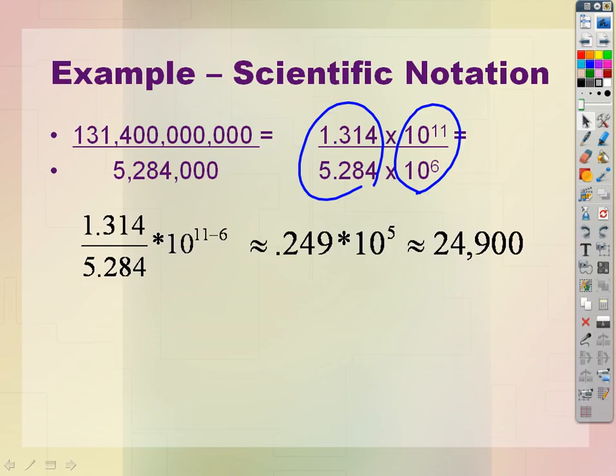So 0.25 times 10 to the 5th, if I want to turn this into a regular number, I'll move the decimal to the right that many places, right? So I'd end up with 24,900. So you see, I'd be able to do that. This is pretty daunting to try to do in your head, all those zeros. I mean, we wouldn't want to try that. But this wasn't so bad, right? Get the idea? Okay.